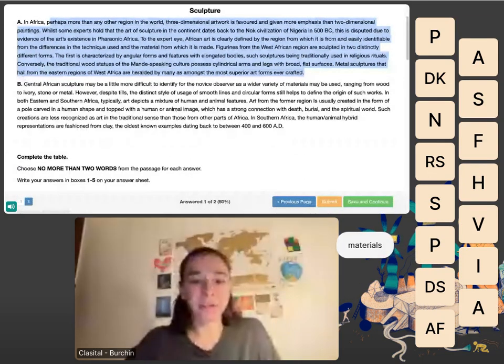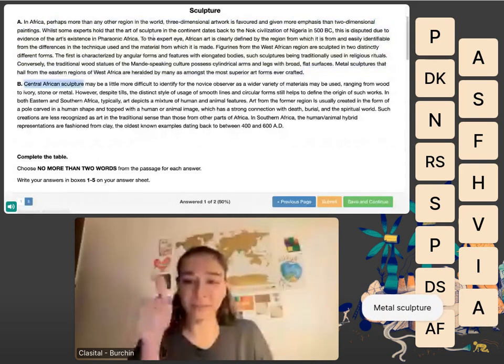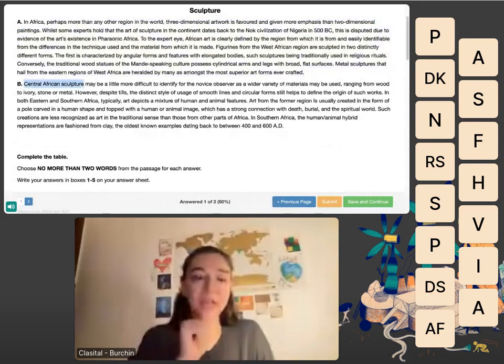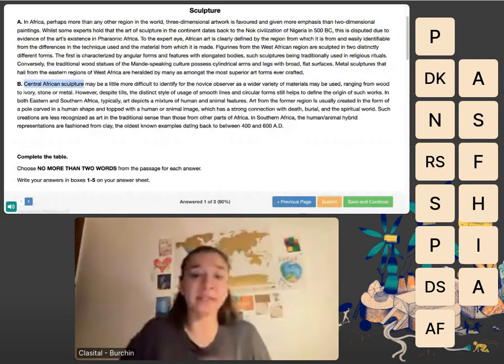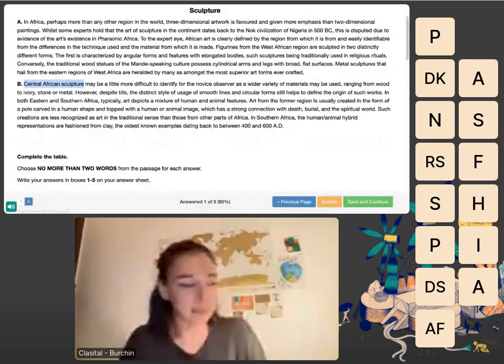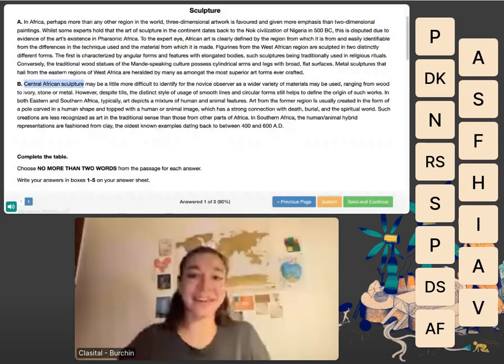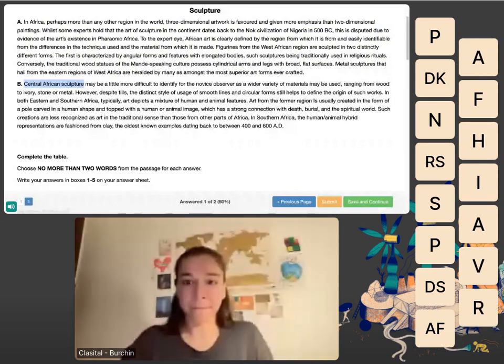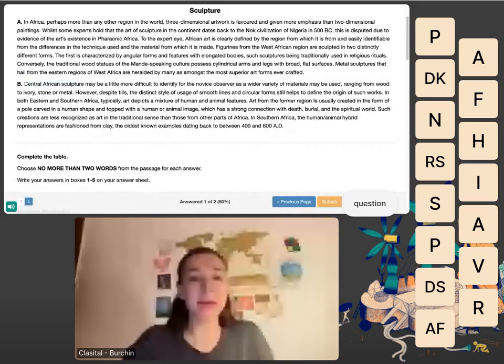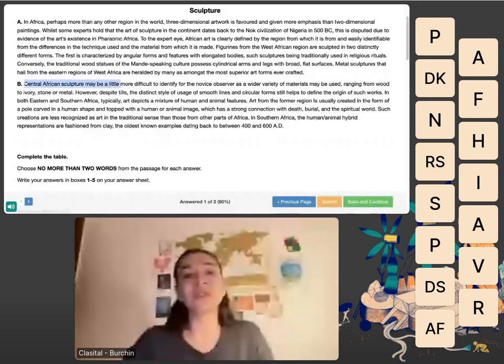Central African sculpture. Now I see my keywords. As you can see, I'm not reading the whole passage. I'm just skimming the text to see my keywords. The Central African sculpture may be a little more difficult to identify for the novice observers as a wider variety of materials.